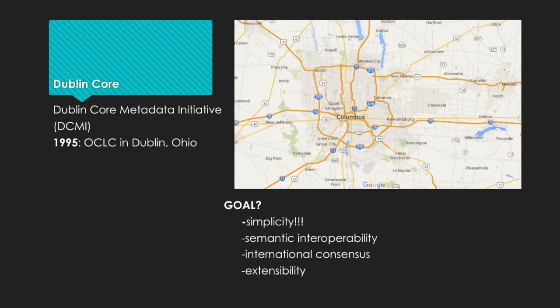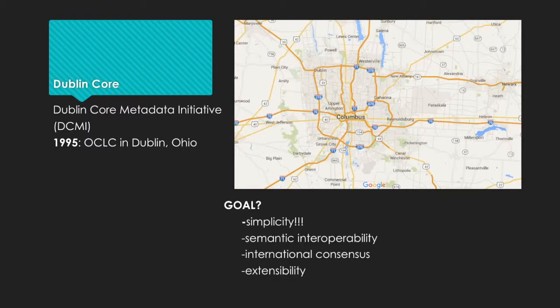So Dublin Core initiated with the Dublin Core Metadata Initiative, which met in 1995 in Dublin, Ohio, not in Dublin, Ireland, I will point out, which is a little bit northwest of Columbus, Ohio.